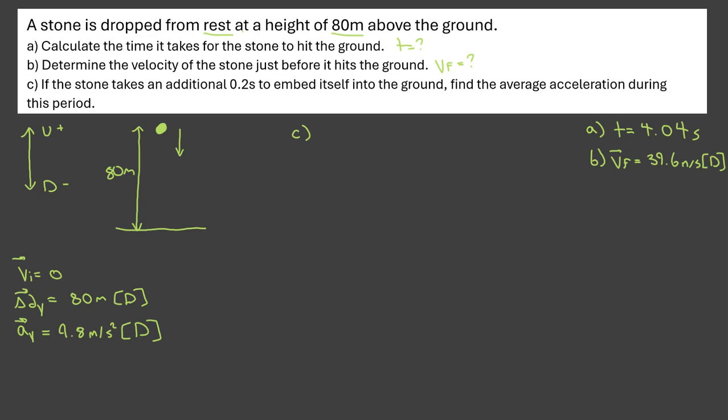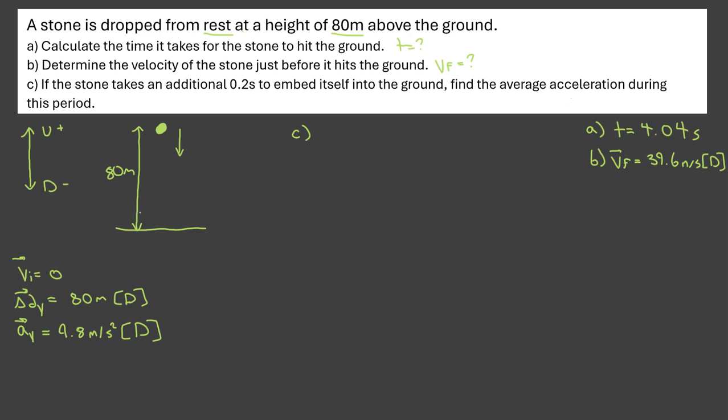Let's say it just goes into the ground very slightly, it doesn't shoot into the ground like a meteor would and make a huge indent. It's just going to be a really small indent, and what it's saying is it takes the stone 0.2 seconds to embed itself within the ground, and we essentially want to find the average acceleration while it's doing that.